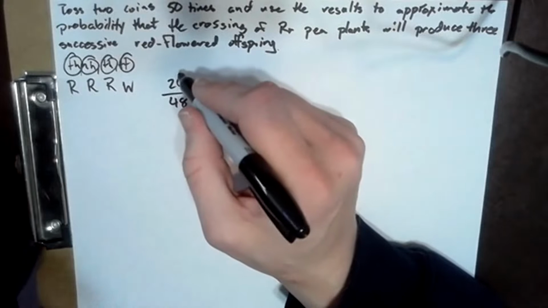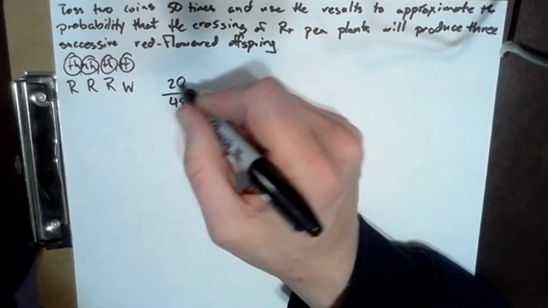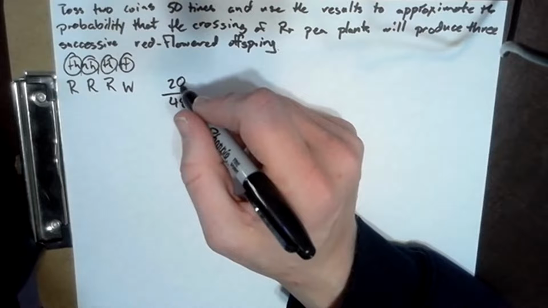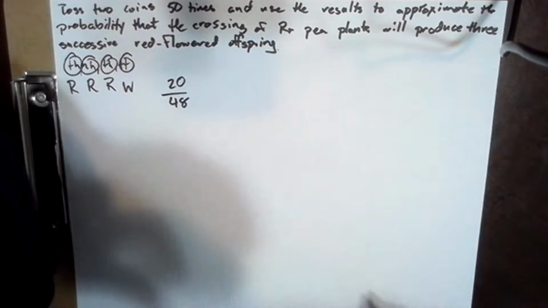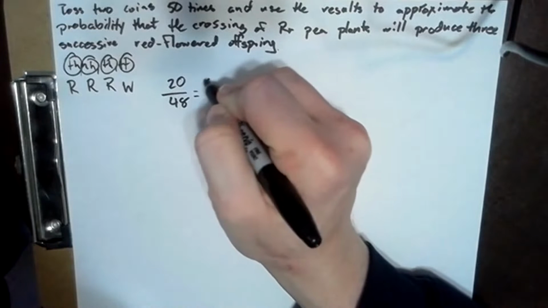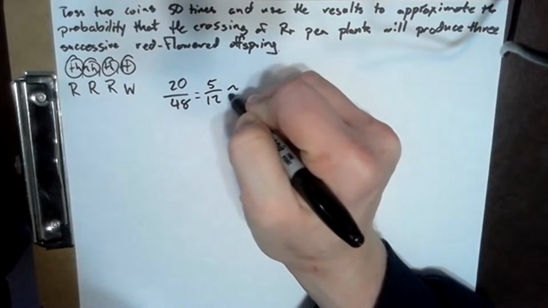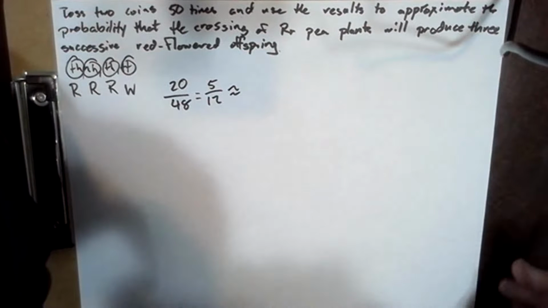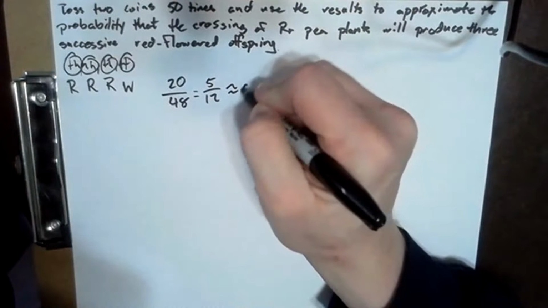There are 20 places where 3 red plants appear in a row out of 48 possible places where 3 red plants could appear in a row. And that comes out to 5/12, which is approximately 0.417.